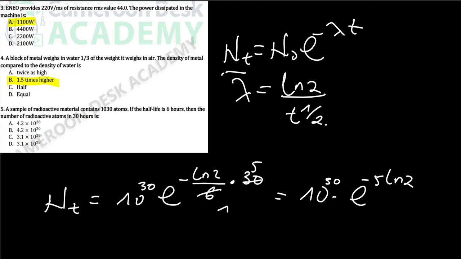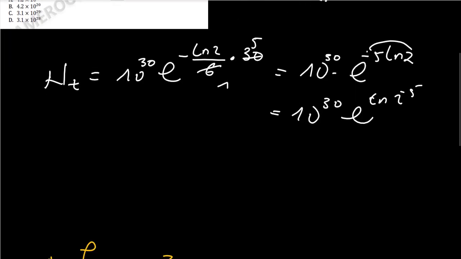natural logarithm of 2. But from the laws of logarithm, this negative 5 can move upwards. So I'll have 10 raised to the power 30 times e raised to the natural logarithm of 2 to the negative 5. Now e to the ln a is a, so the number of atoms at the time t will be 10 raised to the power 30 times 2 to the negative 5.